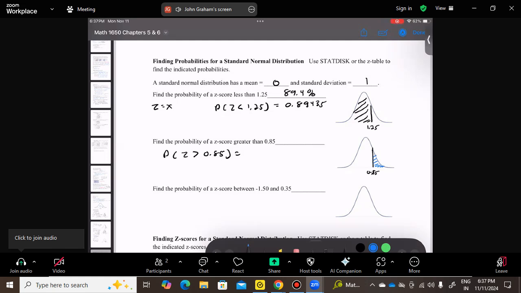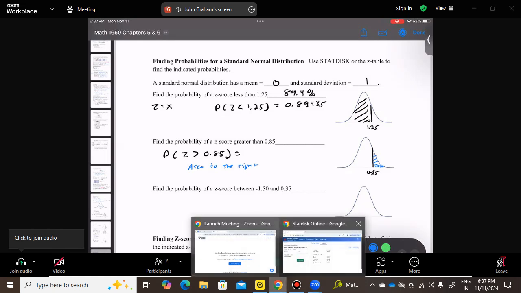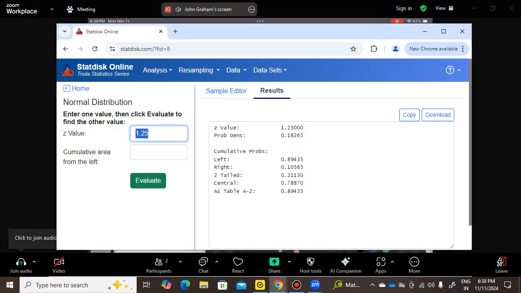Alright, so we want the area to the right. 0.85, area to the right is 0.19766, or 19.8%.